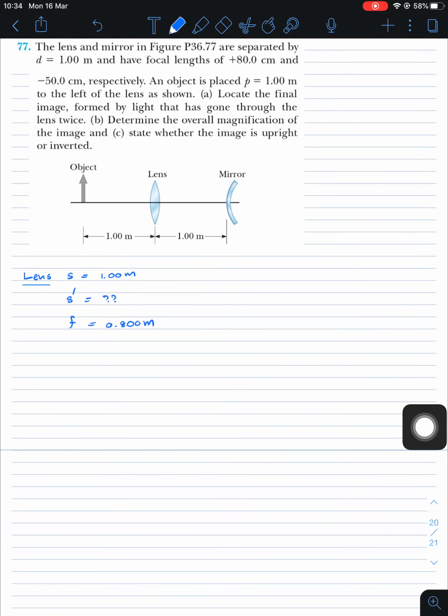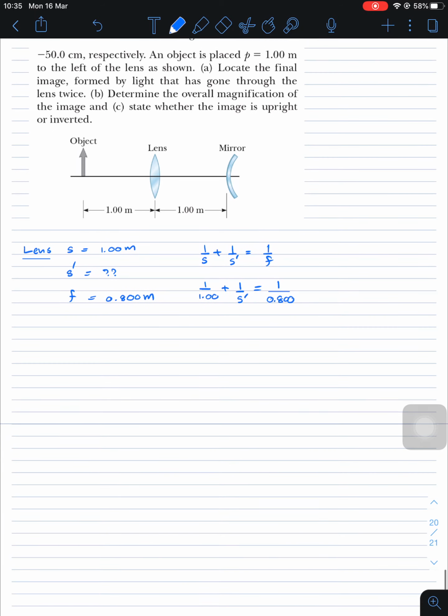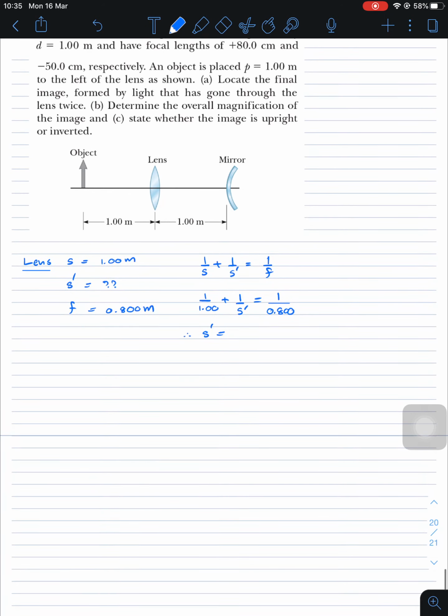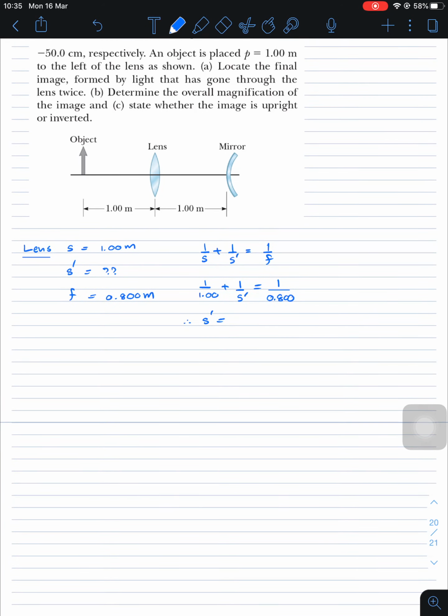From the equation 1 over S plus 1 over S prime equals 1 over f, let's plug in the numbers: 1 over 1.00 plus 1 over S prime equals 1 over 0.800. Finally we solve for S prime to be plus 4.00 meters.